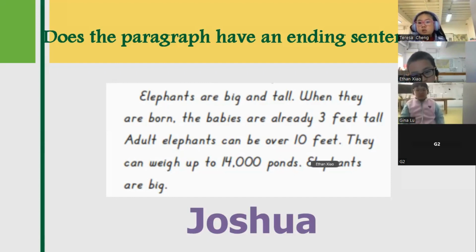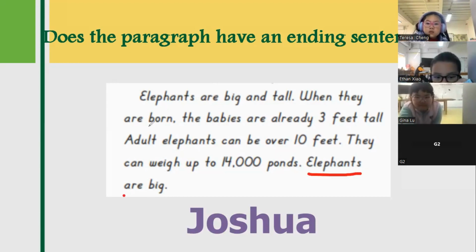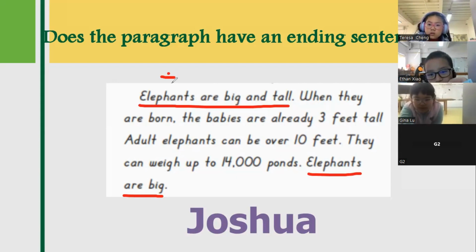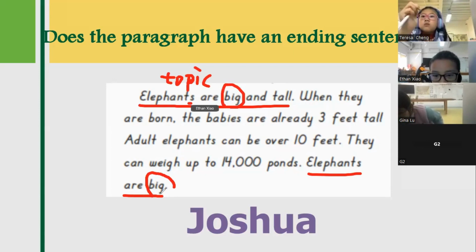There's the ending sentence. Okay, so we have the ending sentence, elephants are big. So does the ending sentence retell the main idea in the topic sentence? Yes or no? Does the ending sentence retell the main idea of the topic sentence? Yes, it does. Like it says elephants are big and tall. This is elephants are big, so that's big and tall, big.